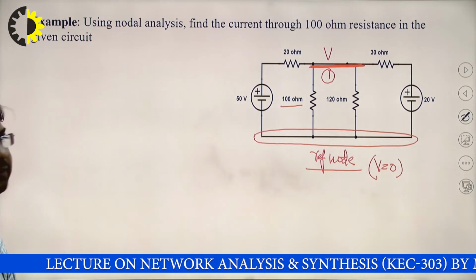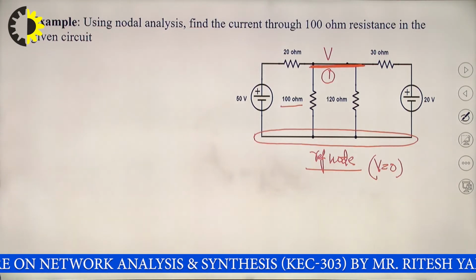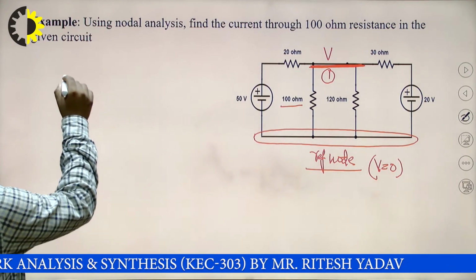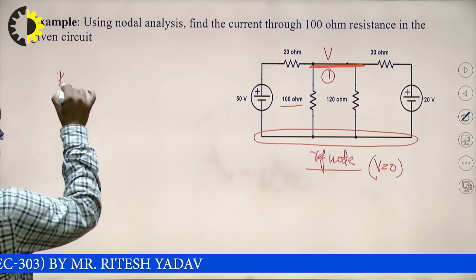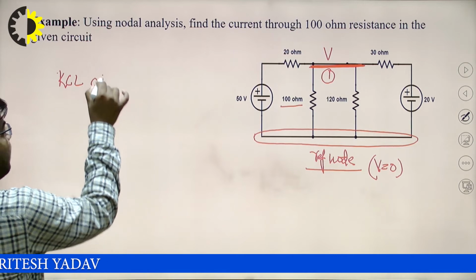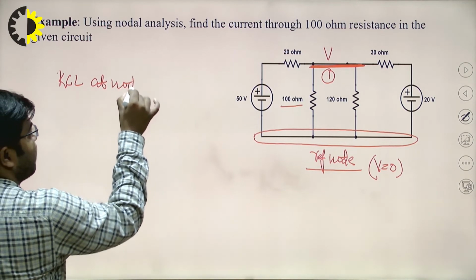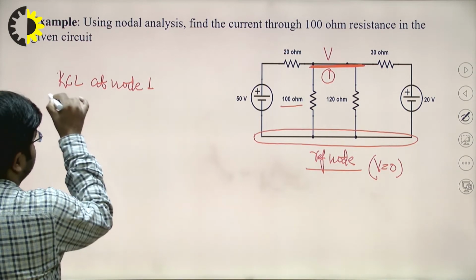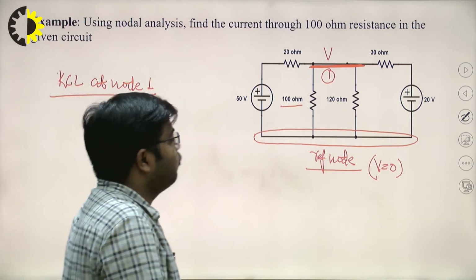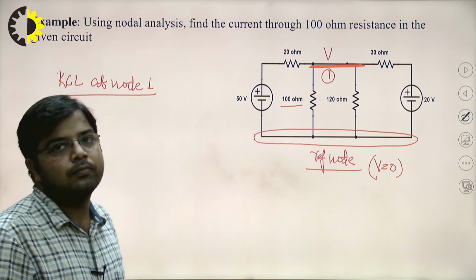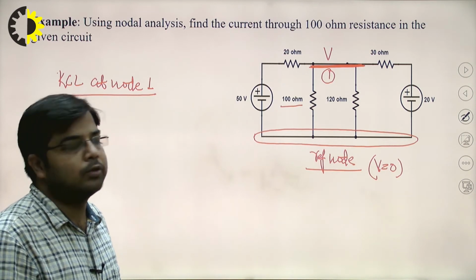Now apply the KCL at this node. So write the KCL at node 1. So you know current always flows from the higher potential to lower potential.